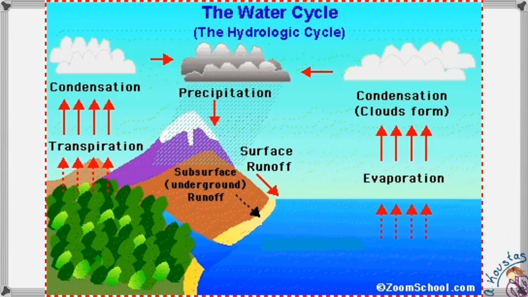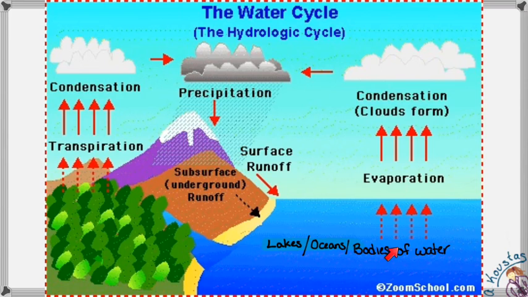Here is a picture showing all of the different events that are happening in the water cycle. Now, because this is a cycle, you can start at any point. However, let's just start right now with the ocean, where we see large amounts of water.